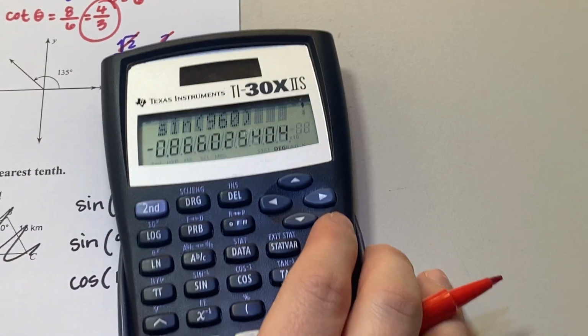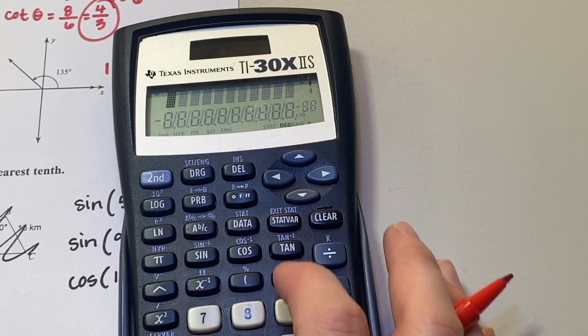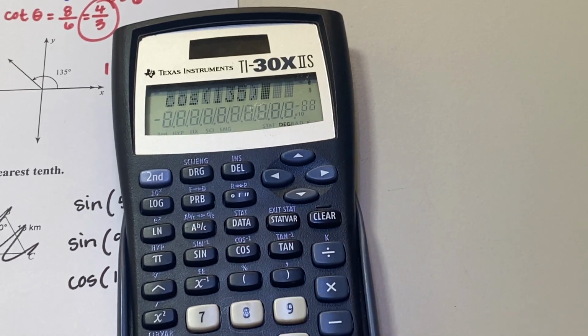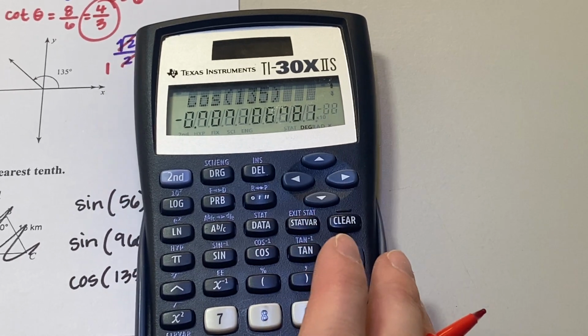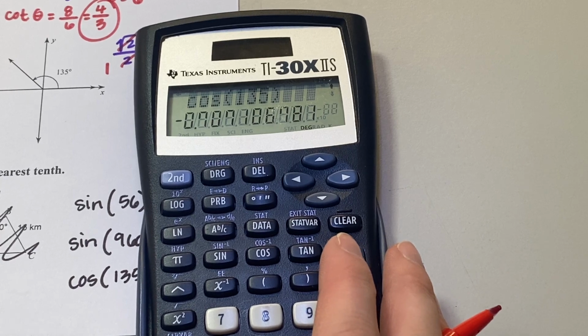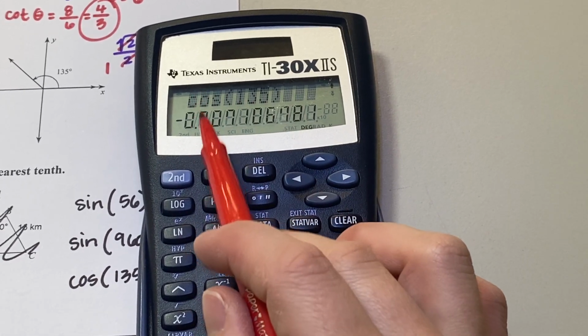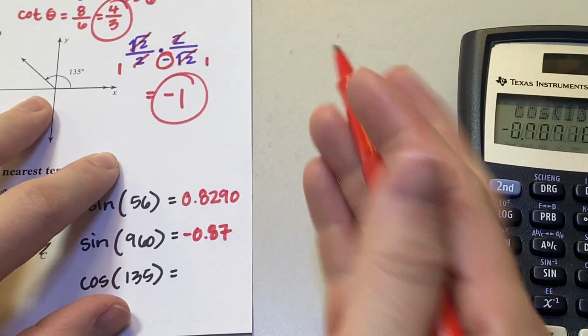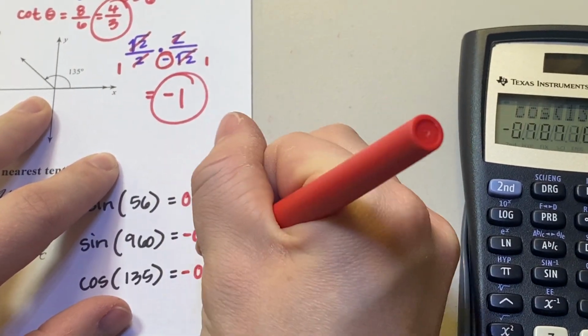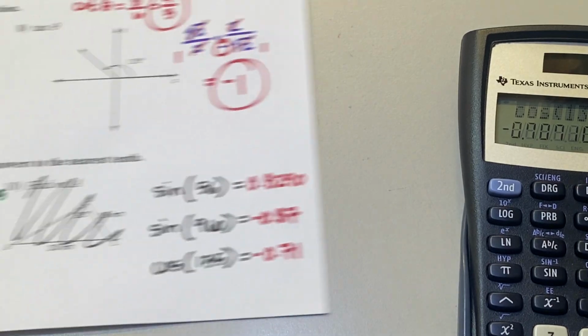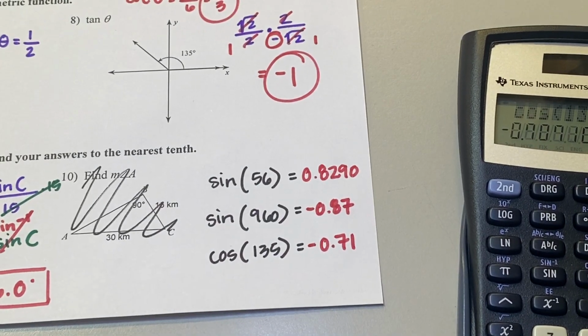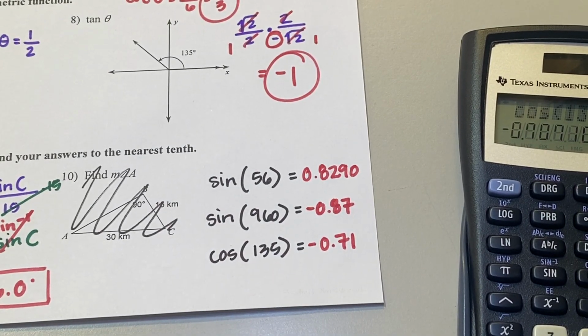And my last one, cosine of 135. Let's practice rounding to 2 decimal places again. Negative 0.71. Boom. And there we go. Some of them you just need to enter simply into a calculator.